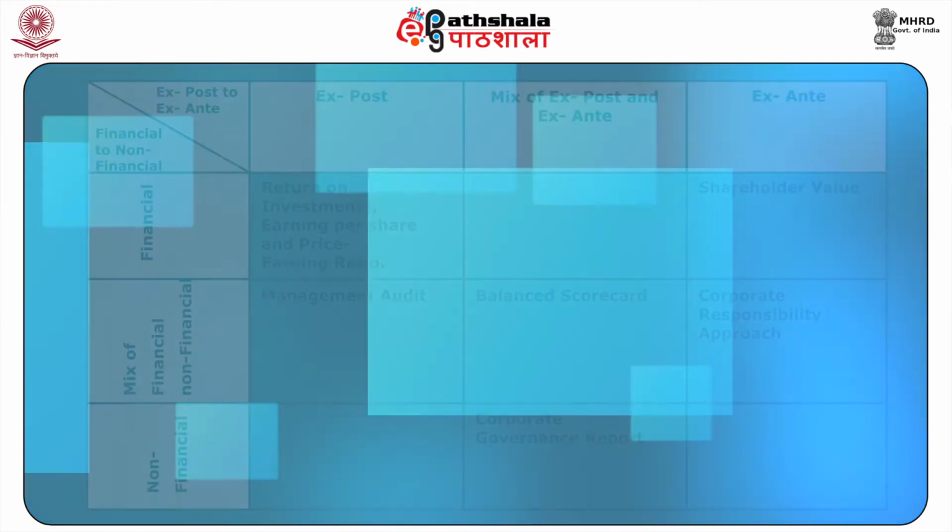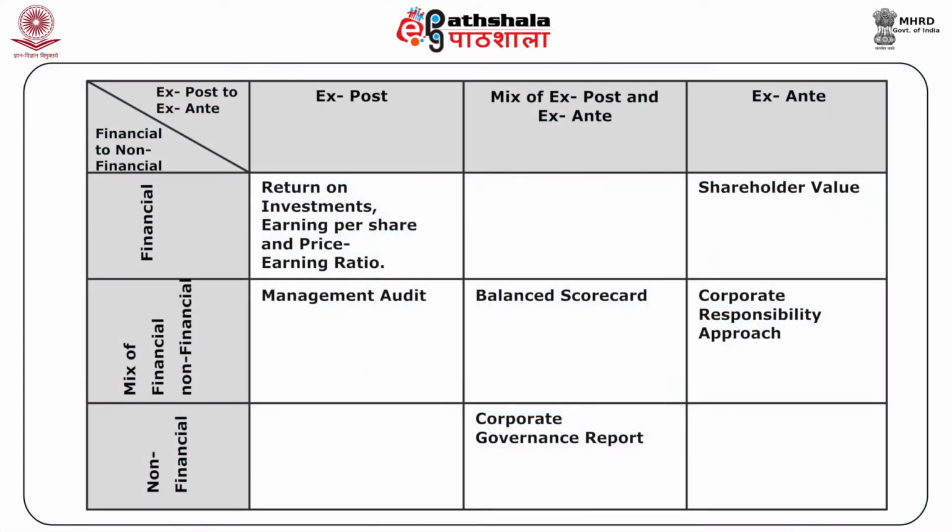as follows. One dimension is ex post and ex ante. So, we have 3 columns: ex post, a mix of ex post and ex ante, and ex ante. The other dimension is financial or non-financial, within which we have financial, a mix of financial and non-financial, and non-financial.